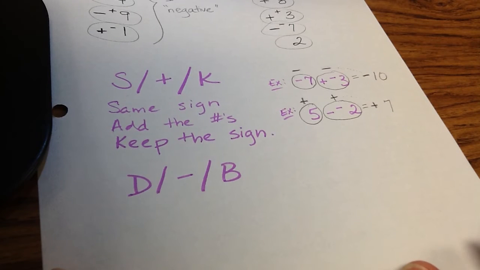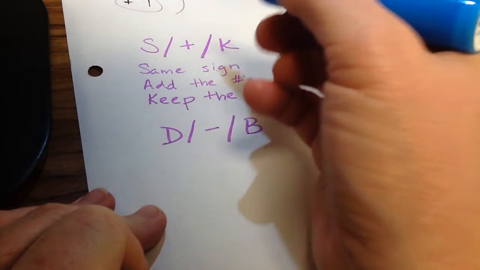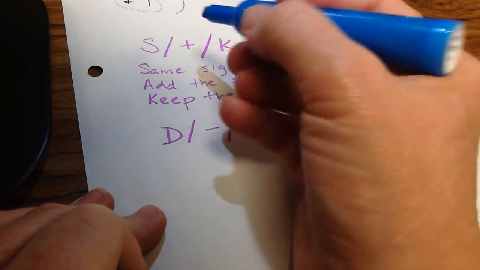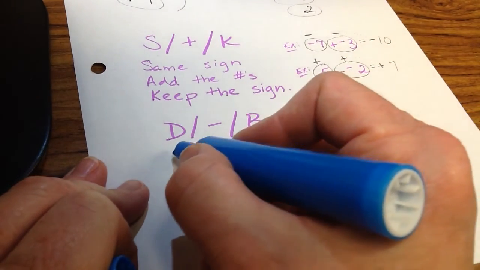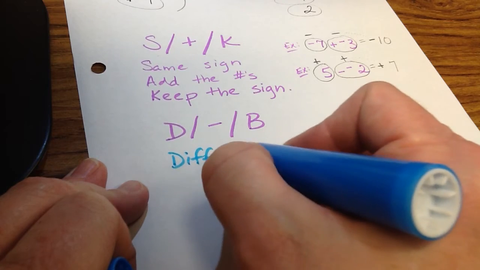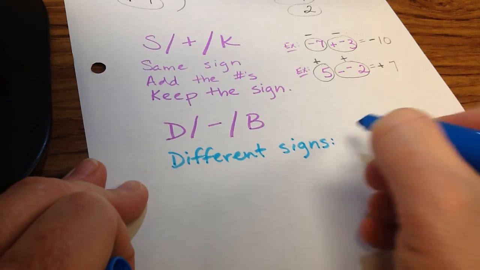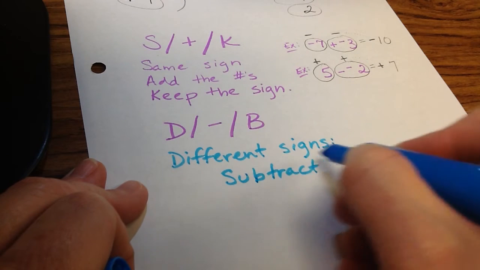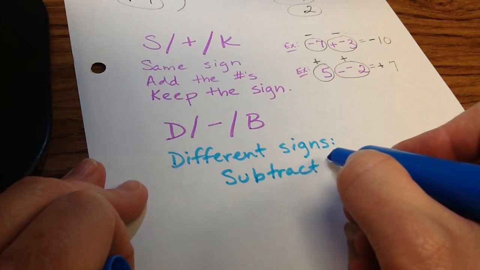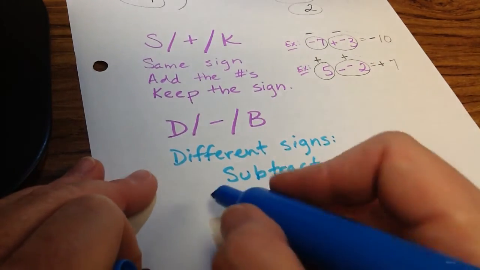You're learning different things. Okay, now we're on to different. So same signs, add and keep was this. Different is going to be different signs, subtract. Now, you're going to take the bigger absolute value.